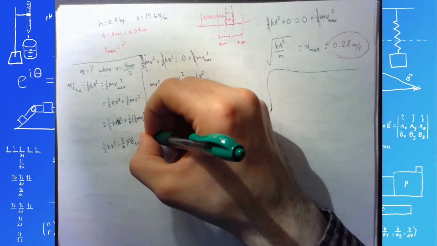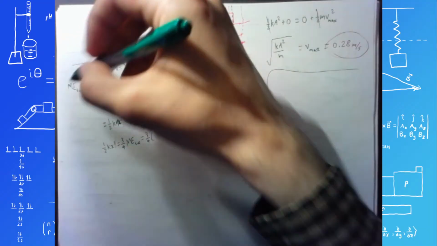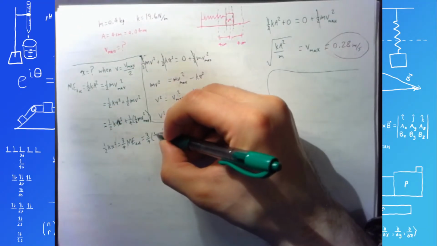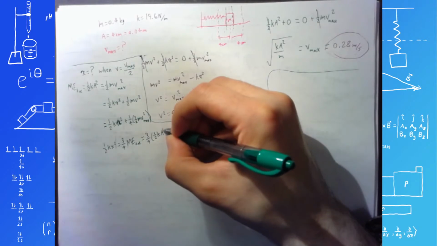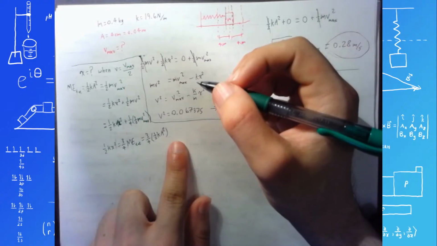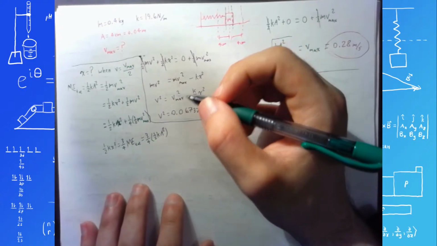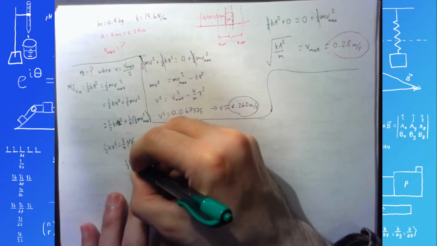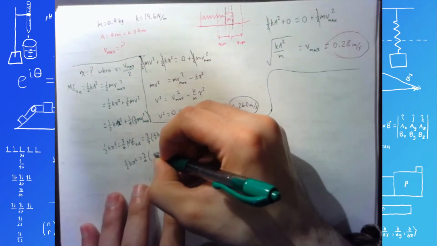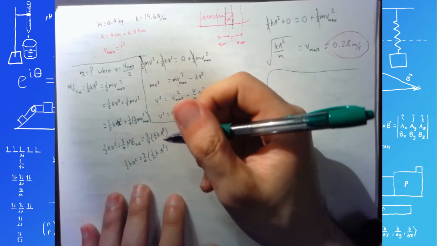So 1/2 kx squared equals 3/4 of mechanical energy total, which can also be written as 1/2 ka squared. Okay, 3/4 of 1/2 ka squared versus 1/2 kx squared is now what we're comparing. 1/2 kx squared equals 3/4 of 1/2 ka squared.